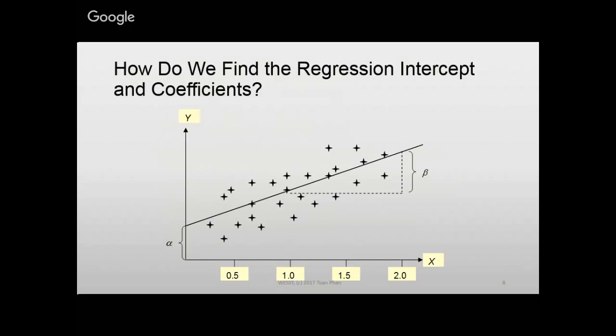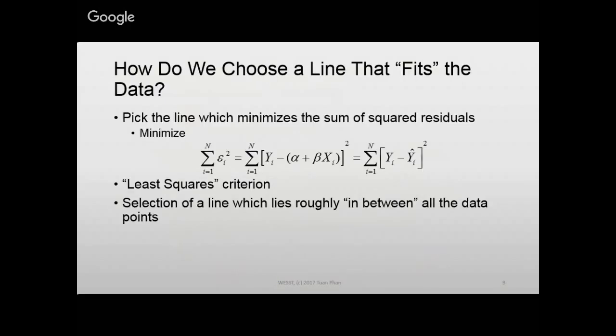The objective is to minimize the error, which is defined as the difference between these points and the fitted line. This is sometimes known as the least squares criterion, where we define the error term as our observed y minus the alpha and beta prediction.